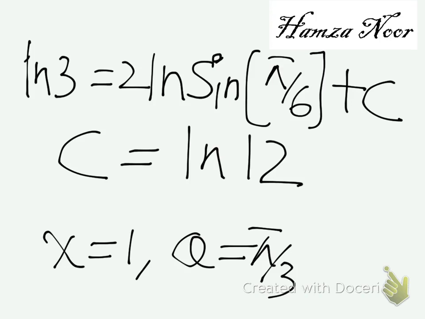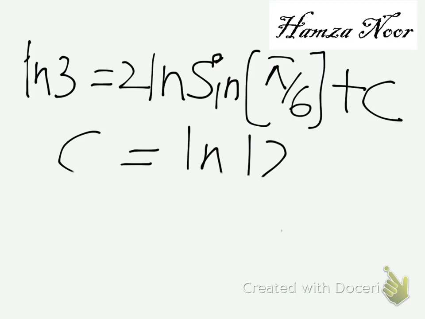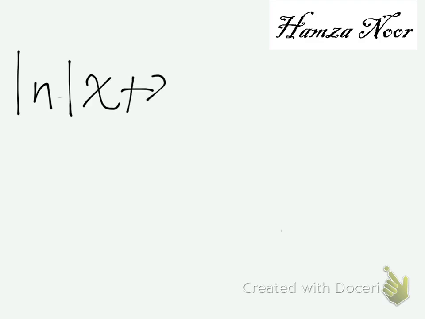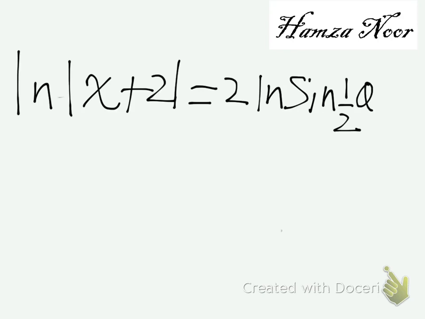So your final equation which you have obtained is ln(x + 2) = 2 ln sine (1/2 theta) + ln 12.